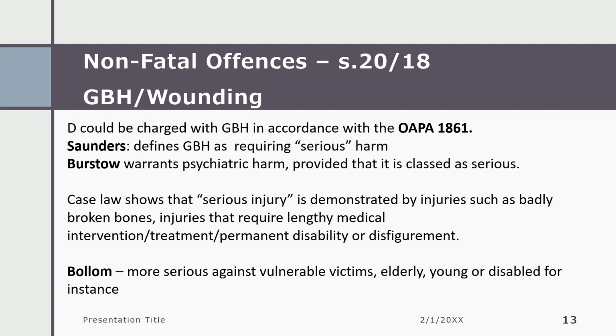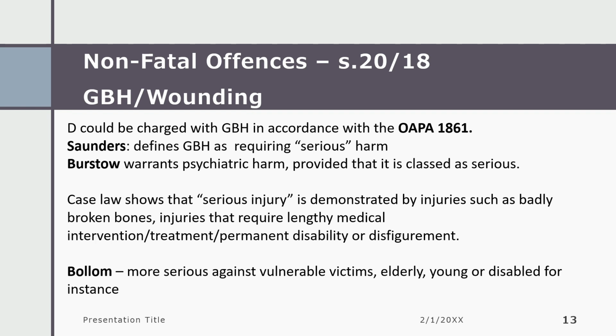So likewise with ABH, where there is a clinical condition, likely anxiety, depression could be in there, but things like perhaps PTSD, events that trigger BPD, DID, these severely mentally debilitating disorders might be classed as grievous bodily harm. So case law shows that serious injury is demonstrated by injuries such as badly broken bones, injuries that require lengthy medical intervention, treatment, permanent disability, or disfigurement.